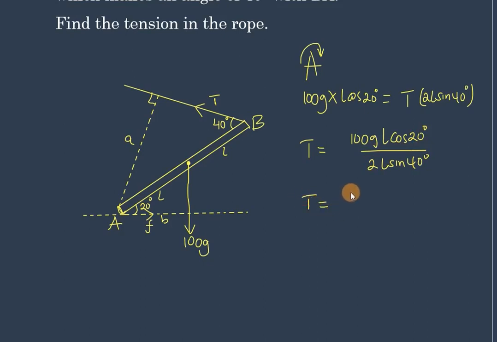When you work this out, you get 100 times 9.8 times cosine of 20 degrees divided by 2 sine of 40 degrees. The L's cancel, but at the end of it, you are going to get 716 Newtons. That's what we have there.